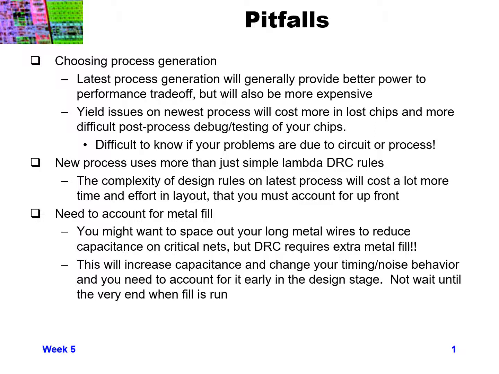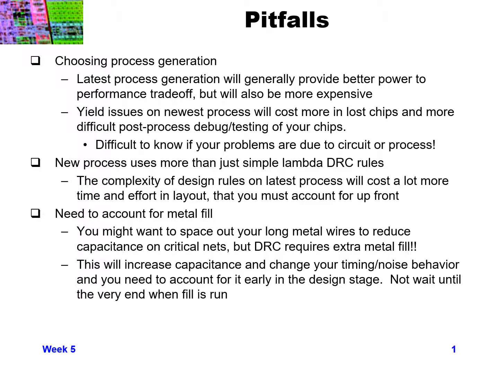Having a fewer percentage of your chips working will actually cost you more time and effort in testing and debugging of your chips. So if you get like 99% of your chips back and they all work, it's pretty easy to test. If 50% of them don't work, it's a much tougher time testing.